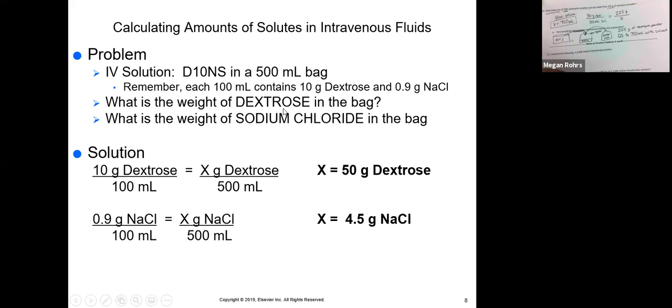So if you're looking at dextrose, you really only need to worry about the 10%. You don't need to worry about the sodium chloride. Same thing here. What's the weight of sodium chloride? It's just asking you about the normal saline, which is 0.9% sodium chloride. So you wouldn't have to worry about the dextrose in that case.